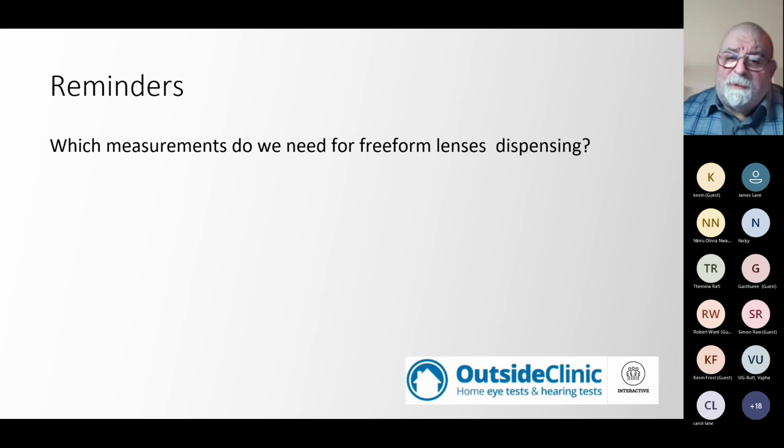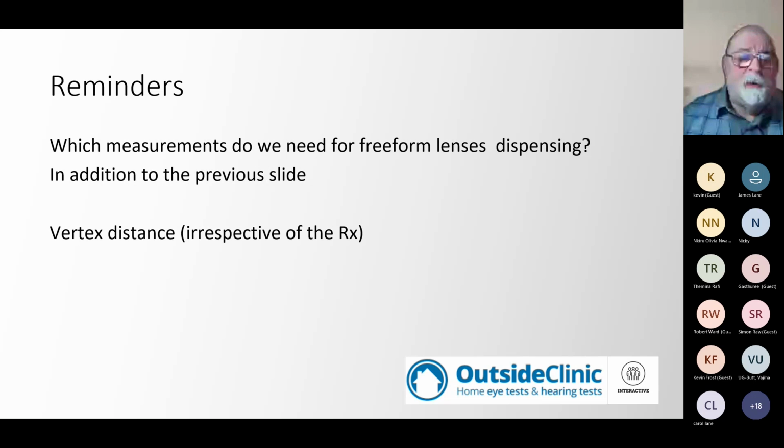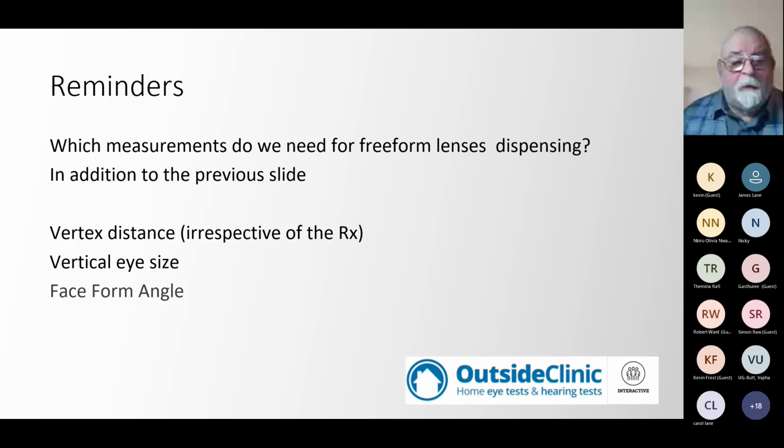So which measurements do we then need for freeform lenses? Well, these are very much the same as the previous slide. And this time, as I mentioned on the previous slide, we do need the vertex distance irrespective of the prescription. We now need the vertical eye size, whereas normally we just talk about the horizontal. We need the face form angle.